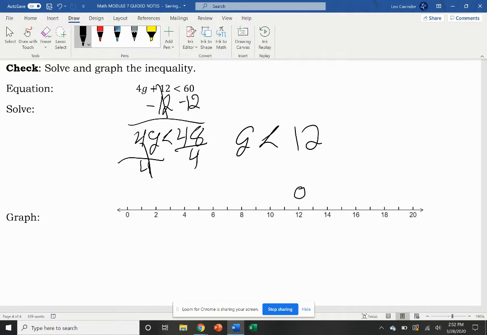Now, for this example, if we remember the story problem, it's about buying gallons of gas. Can she buy negative gallons of gas? No, she can't. She can't get any fewer than no gallons at all. Remember, if we have a number line, we have 1, 2, 3.